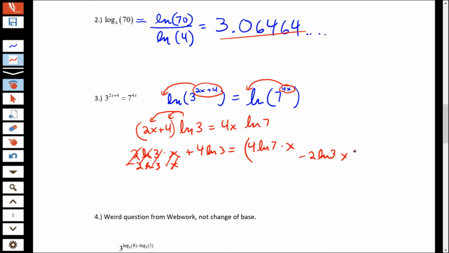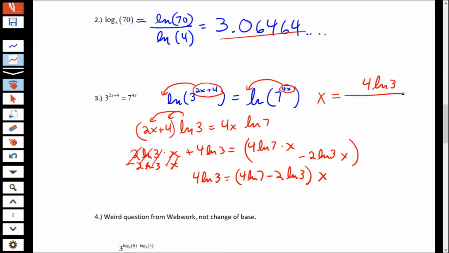On the left-hand side, I'm going to factor out an x. 4 natural log of 3 is equal to 4 natural log of 7 minus 2 natural log of 3 times x, and I'm going to divide that over. And so I get x is equal to 4 natural log of 3 all over 4 natural log of 7 minus 2 natural log of 3.